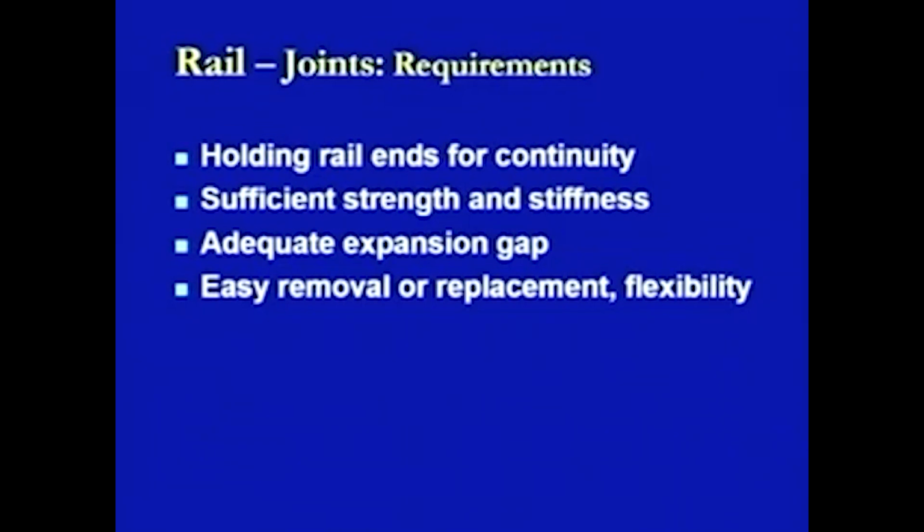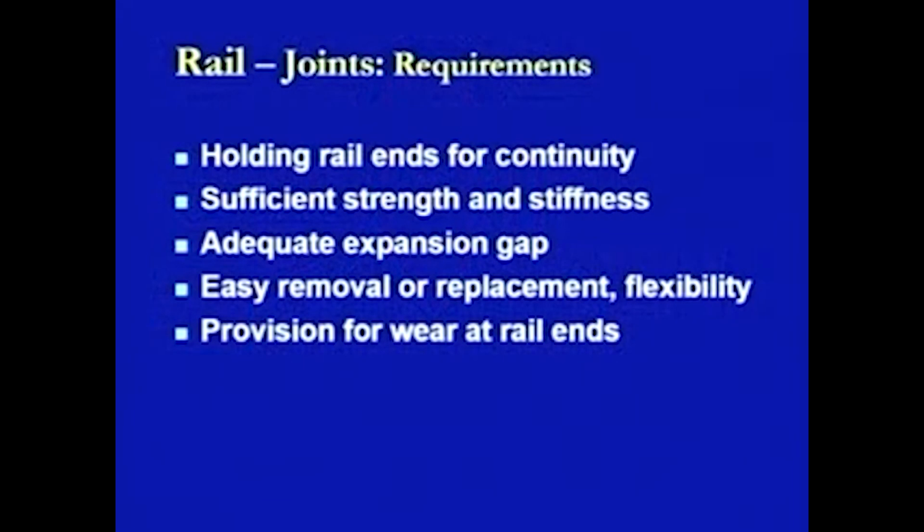In Indian conditions, we are providing joints which are not supported. So, in that case, it is being supported by the ballast cushion which is placed around the sleepers or below the sleepers. If we have to remove this material, then it should be easy to do that, or if we have to replace it, then that should also be easier. At the same time, the flexibility should be there so that as and when it is required, that work can be done from the maintenance point of view.